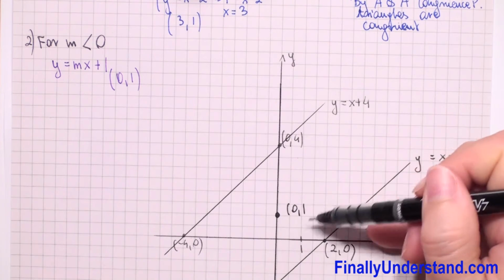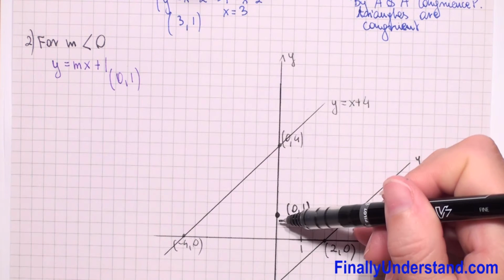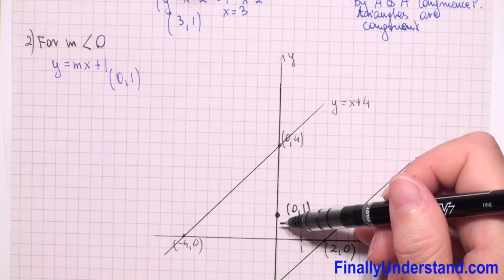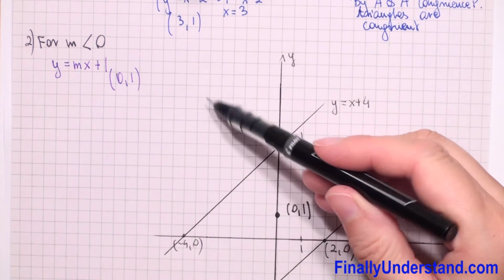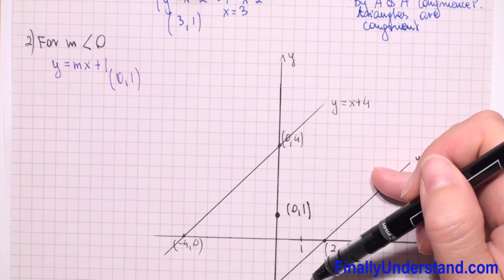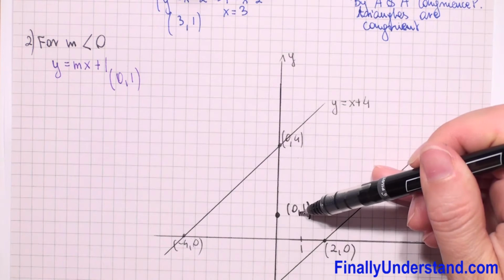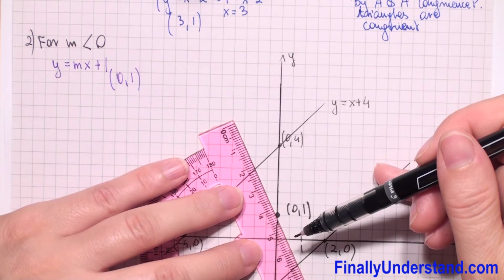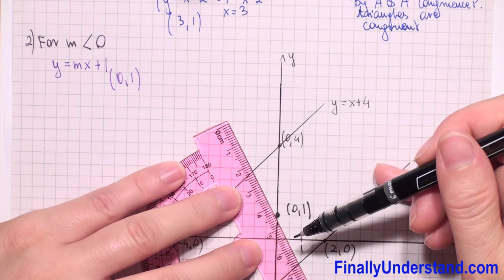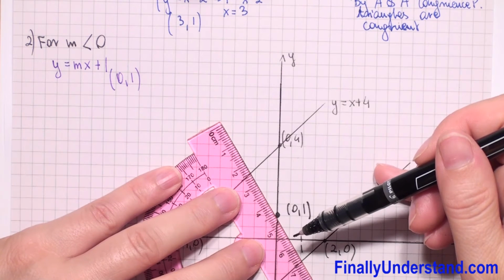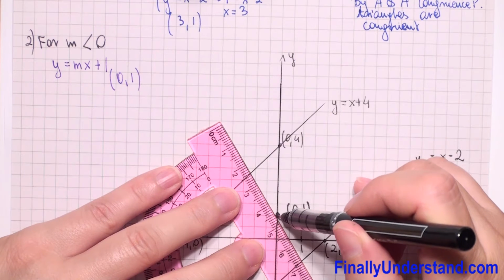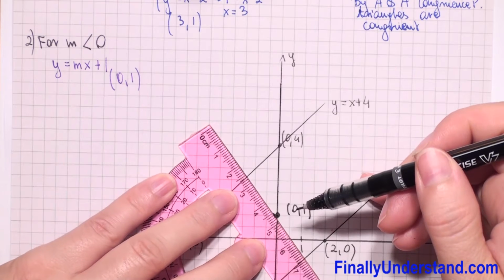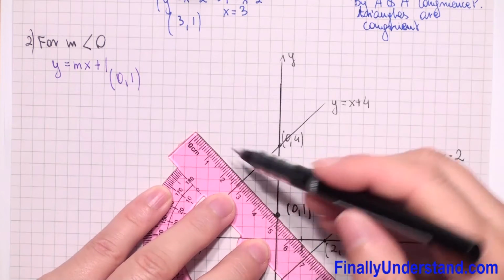Our line will pass through this point for sure, and we need the second point. Like I said, m will be negative, so our line will go down and will pass through this point. It doesn't matter how this line looks, it's important that it passes through this point, and you can draw something like this.